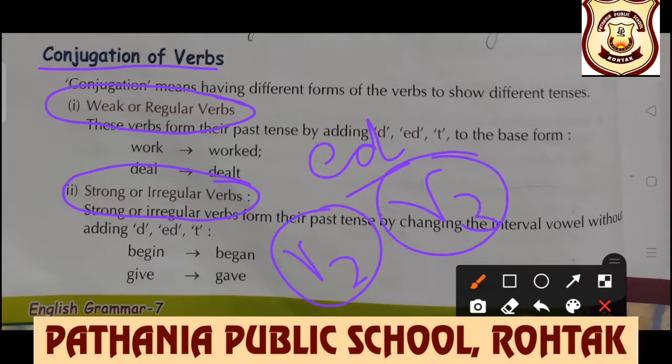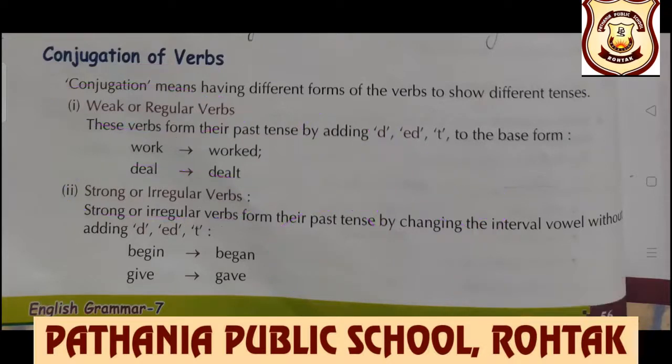Complete, completed, completed; finish, finished, finished; punish, punished, punished. By adding ed to the first form of the verb, regular verb forms can be framed into the second form and third form. But some verb forms are irregular.